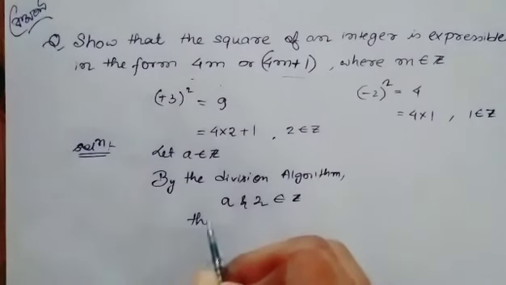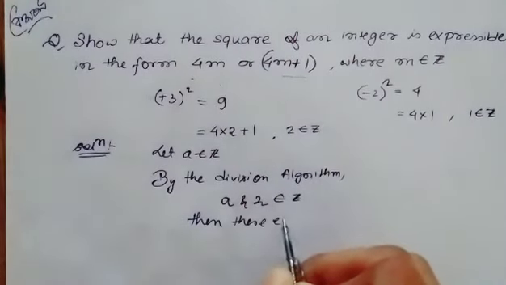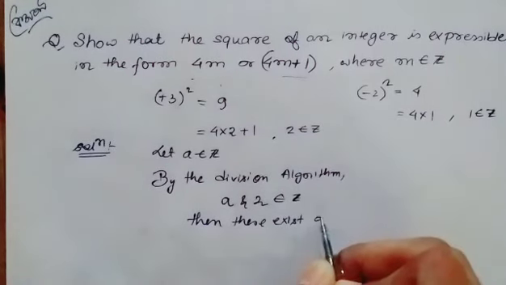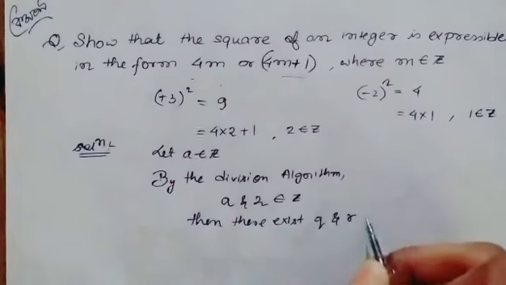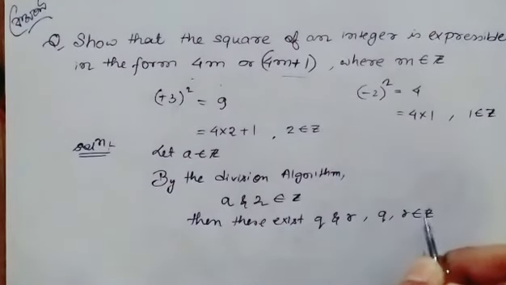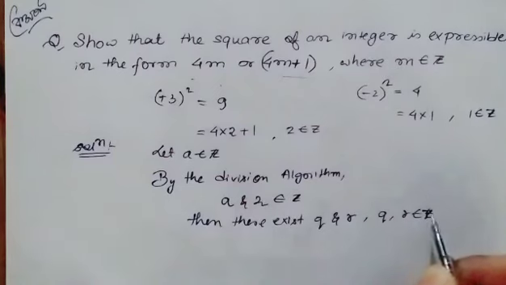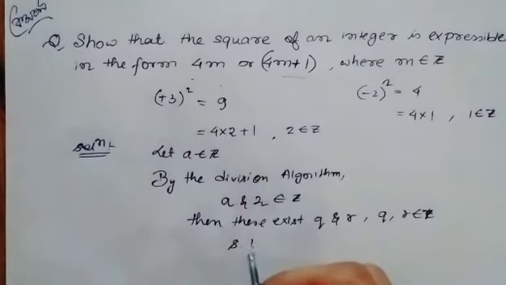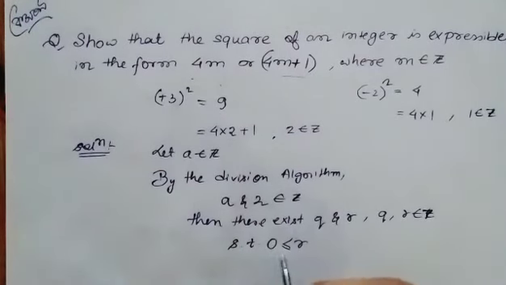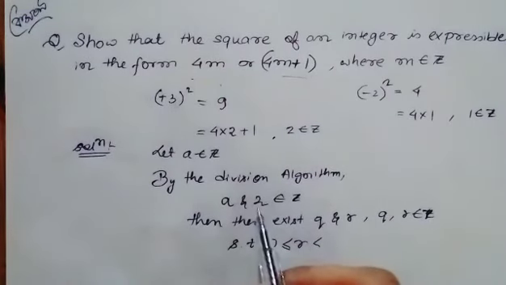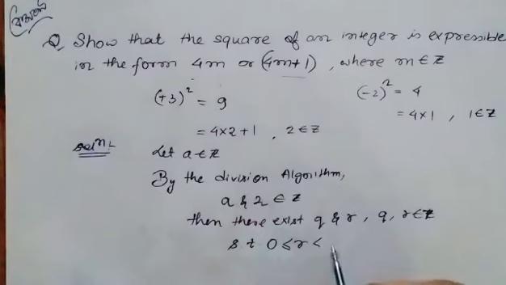So there exist q and r belonging to integers such that r is greater than or equal to 0, and as we have considered the value of b to be 2, r cannot be greater than 2, so r is less than 2. We obtained this from the first term.